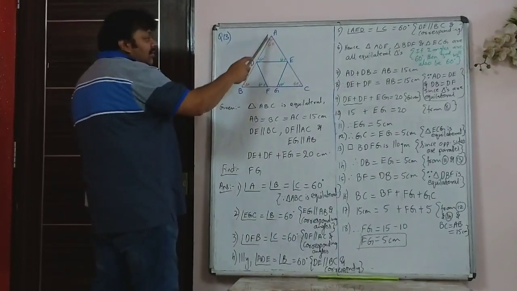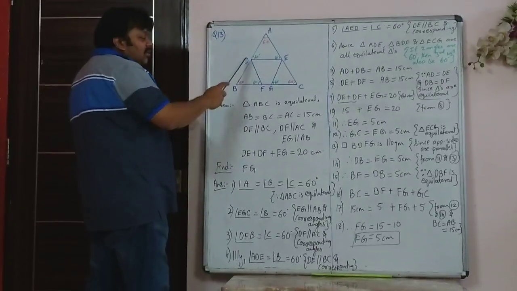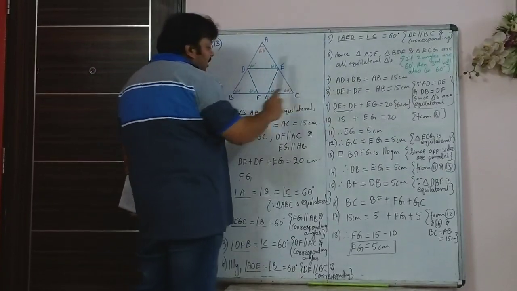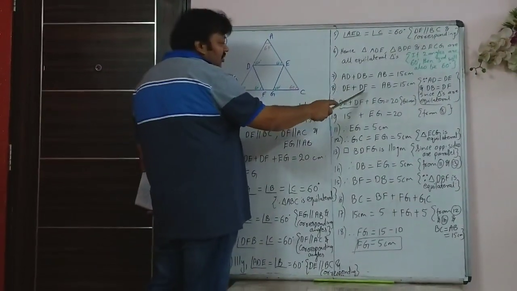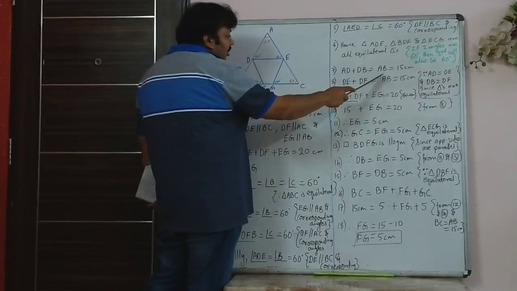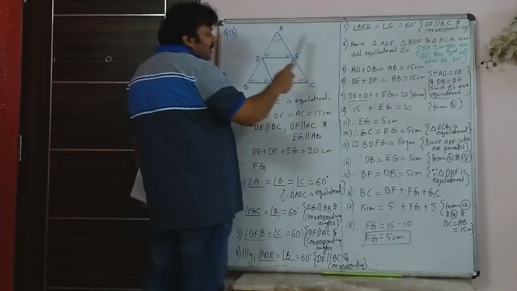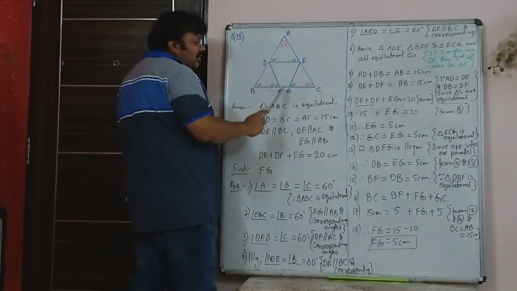You have already proven that triangle is equilateral. Similarly, instead of DB, you are writing DF. So those two sides are also equal. You just replace AD with DE and you have replaced BD with DF.